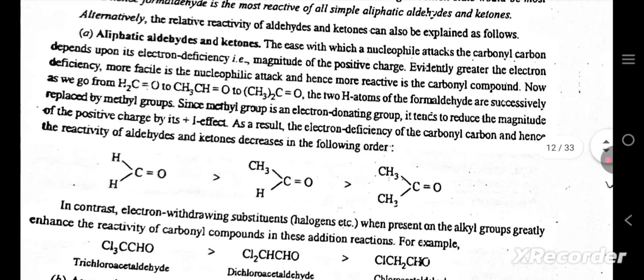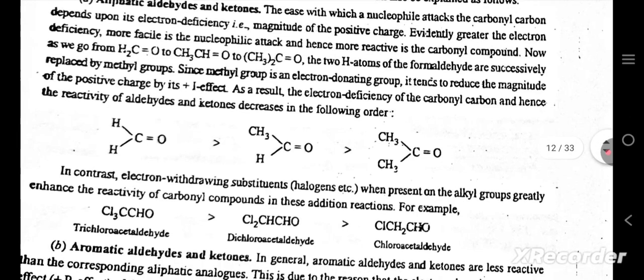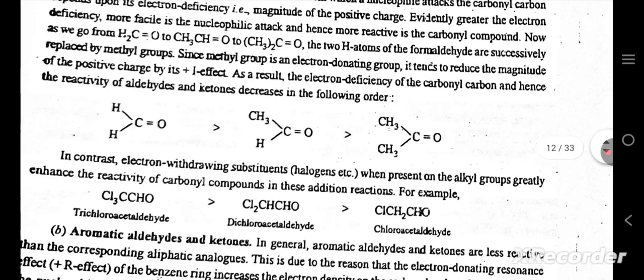Alternatively, the relative reactivity of aldehydes and ketones can also be explained as follows. The ease with which a nucleophile attacks the carbonyl carbon depends upon its electron deficiency, the magnitude of the positive charge. Evidently, the greater the electron deficiency, the more facile is the nucleophilic attack and hence the more reactive is the carbonyl compound.